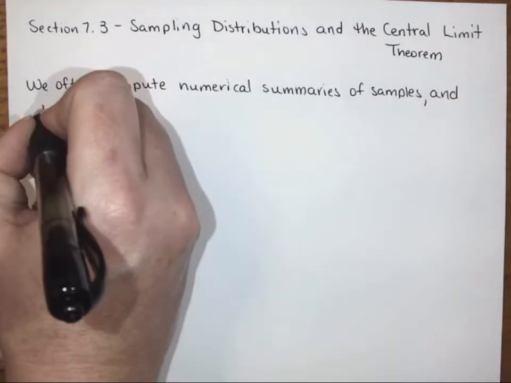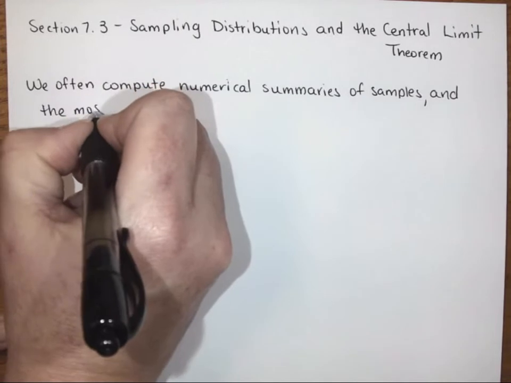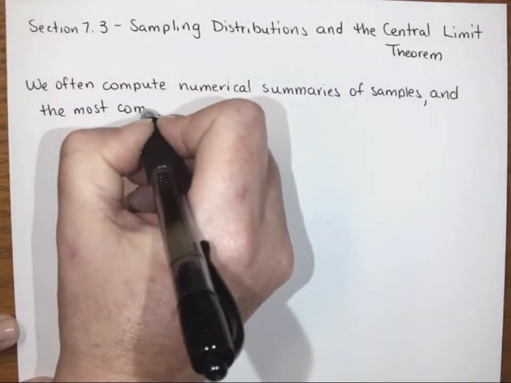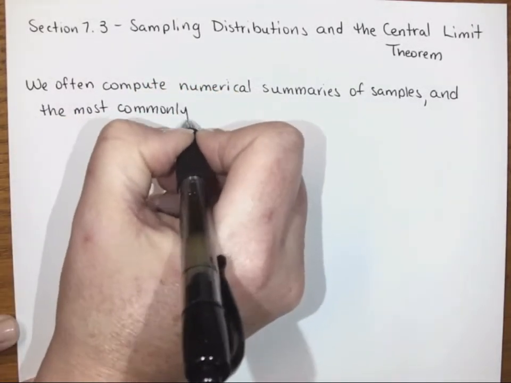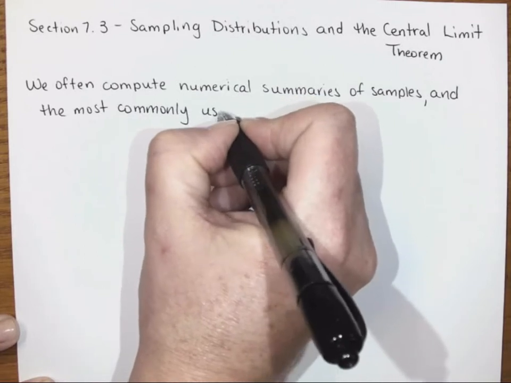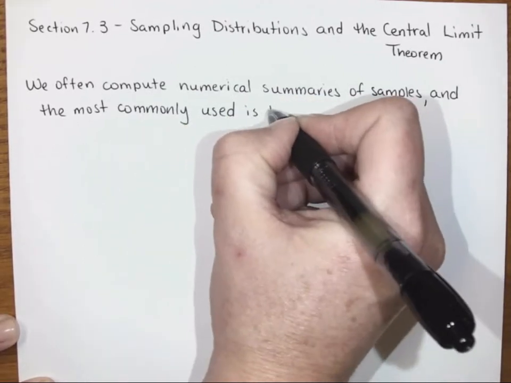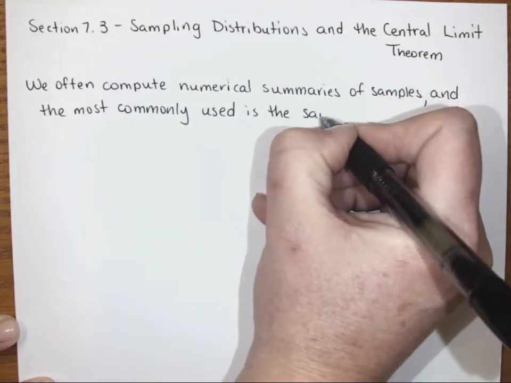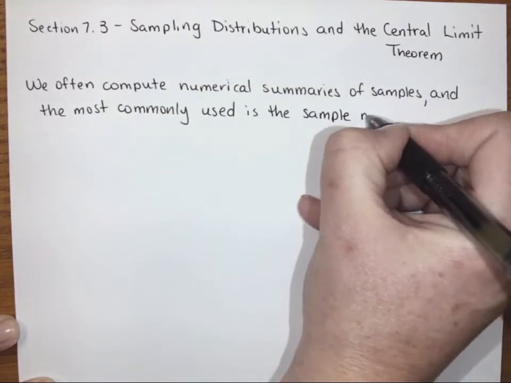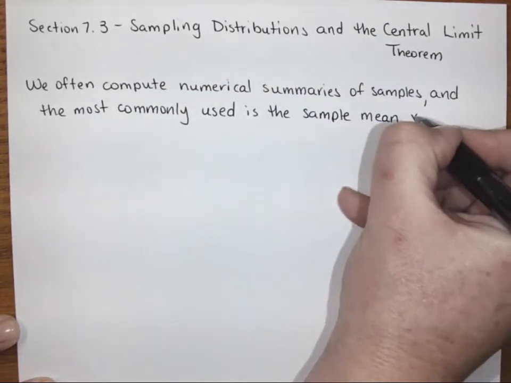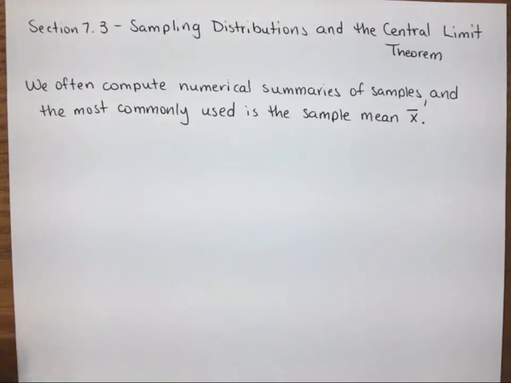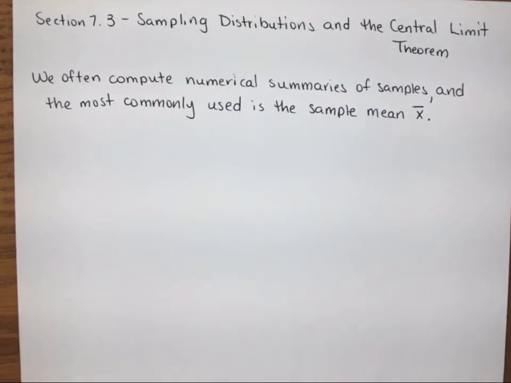The most commonly used notation here is going to be the sample mean. And we're going to call that X bar. It's an X with a bar over it. That's why it's called X bar.